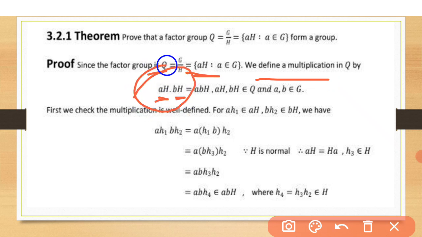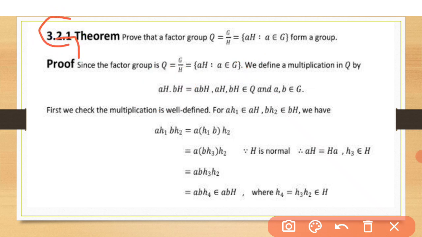When we multiply both of these left cosets, we have again a left coset which also belongs to Q. If the first left coset belongs to Q, and the second left coset belongs to Q, then its multiplication also belongs to Q.